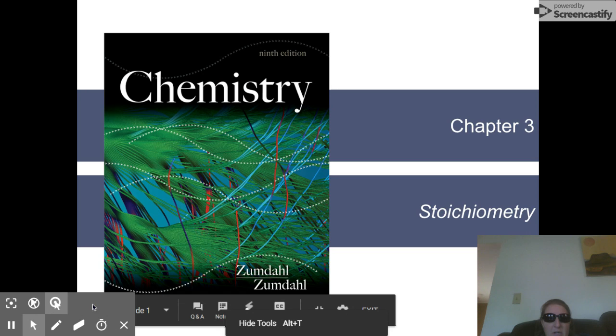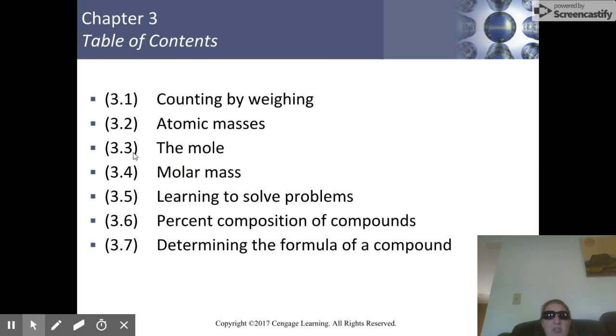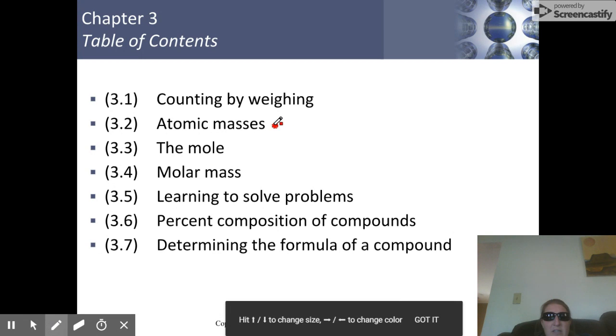Okay. So I don't know how to get this bar over. There we go. All right, so this is the table of contents. So really what I want the focus to be is on atomic masses. What is the mole? And by that, I don't mean the little creature. What is molar mass?